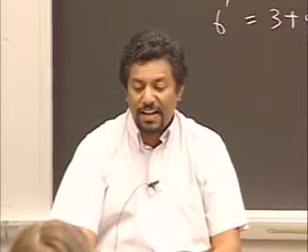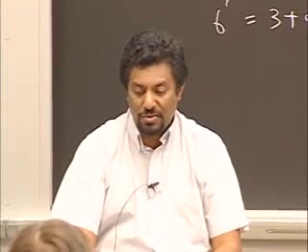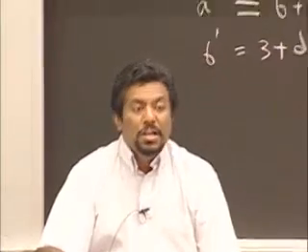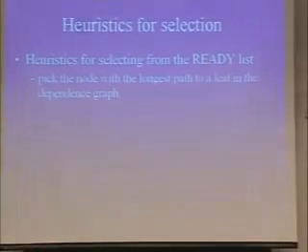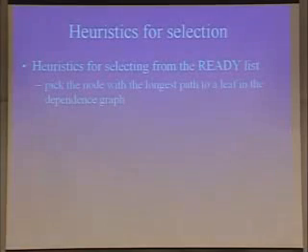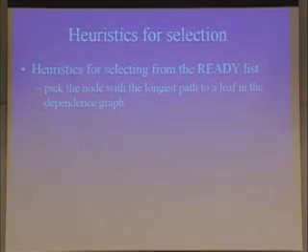So here are the 3 things that are normally used. Pick the instruction with the longest path to the leaf node. Because that is the one on the critical path. That means you need that value to get the next value to get the next value. And so if it takes the longest path to the end, you better get that path done fast.